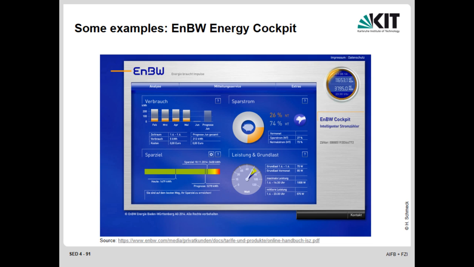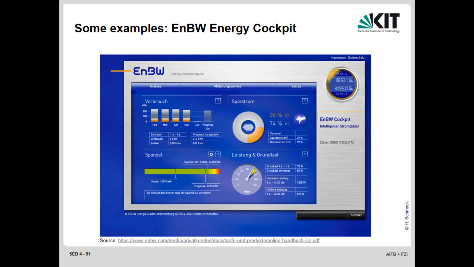And then there's EnBW. EnBW is also providing nice software. This is the energy cockpit. This was designed actually at the same time as the Maregio project. And this is offered since then, together with their intelligent or smart meters.